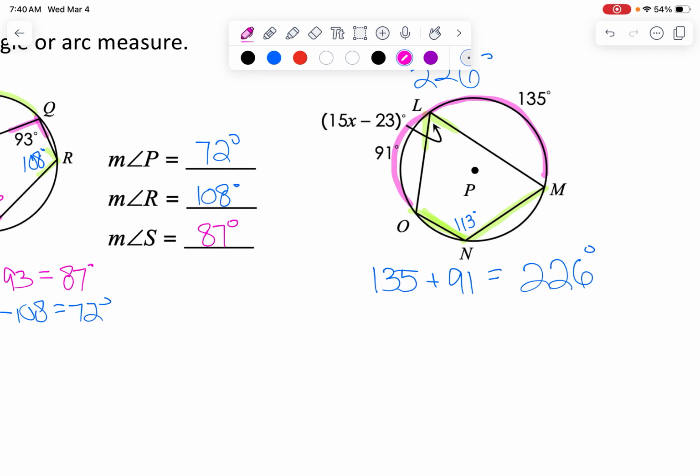So that's what I'm going to write. I'm going to say, all right, 15x minus 23 plus 113, which is angle N, so L plus N, that should equal 180.